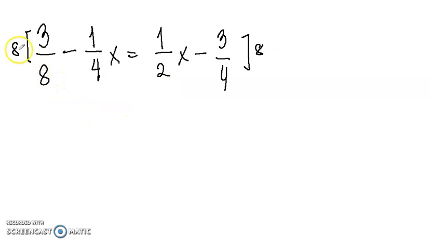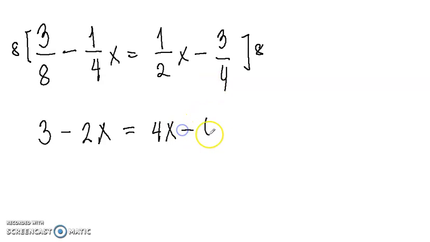The result is we have 3 minus 2x equal to 4x minus 6. Then after that, we have to combine negative 4 and 6 because both of them have the same variable x.